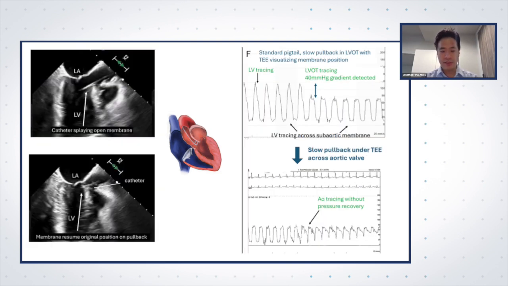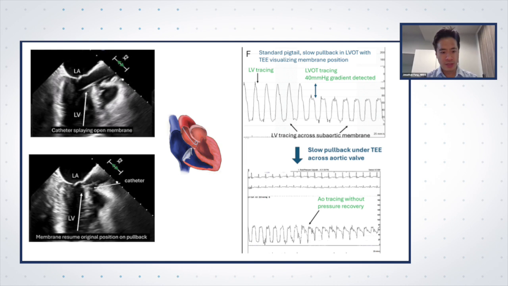So we did a catheterization together with real-time transesophageal echocardiogram, and we were able to visualize a discrete structure underneath the aortic valve, which was a subaortic membrane. We can see it with a slight flapping movement, and it closes and causes obstruction in the left ventricular outflow tract.